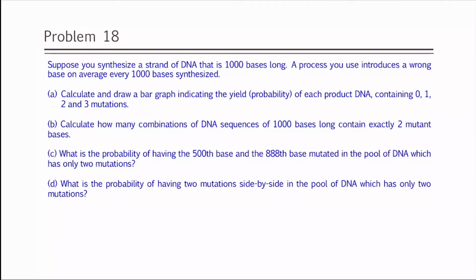Now the question is: calculate and draw a bar graph indicating the yield of each product, DNA containing 0, 1, 2 and 3 mutations. So, it is asking us to plot the binomial distribution where small n in the earlier problem was 0 or 1 or 2 or 3. Basically, we are going to follow the same thing.